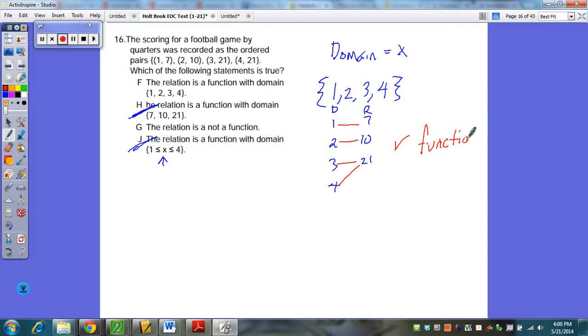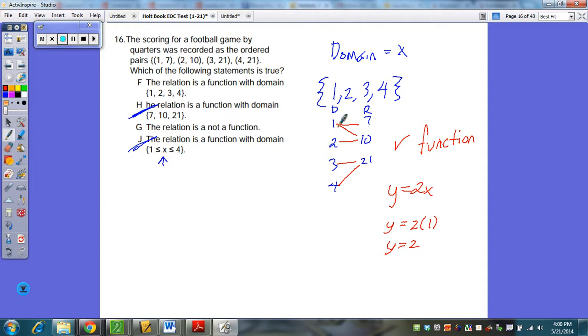Okay? Where it would not be a function is if 1 went to 7 and 1 went to 10. I can't have a function y equals 2x and put some number, let's say 1, in for x, and get 2 different numbers for y. Y equals 2, and it only equals 2. It doesn't equal 2 different numbers.